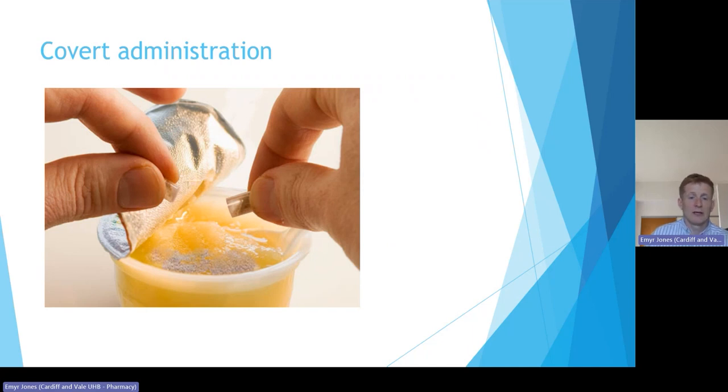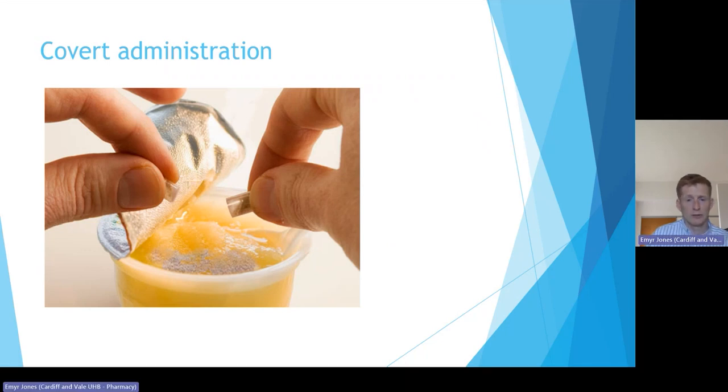If the decision of the best interest meeting is that it is in the best interest of the resident for the medicines to be administered covertly, then a management plan should be agreed, and this would include clear documentation of the decision of the best interest meeting and a plan to review the need to continue administering the medication this way on a regular basis.